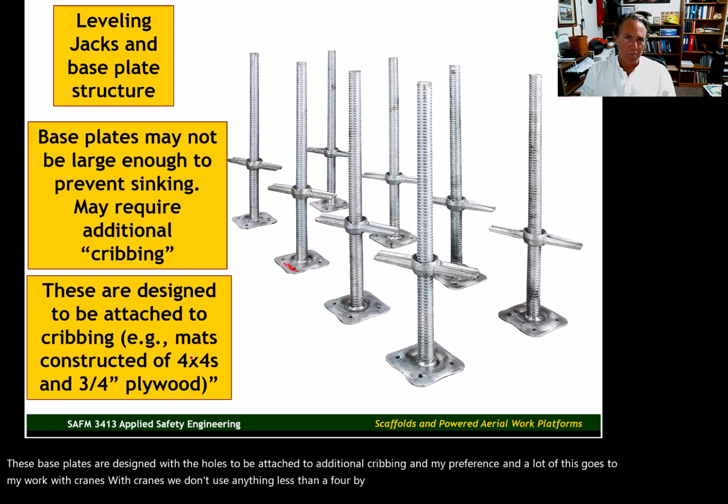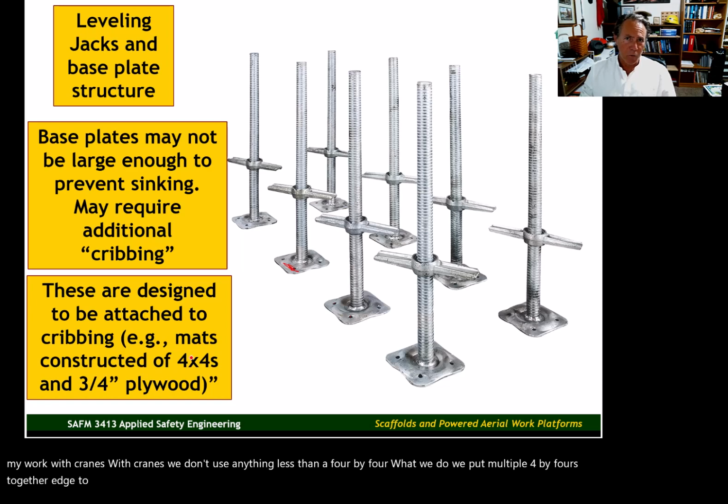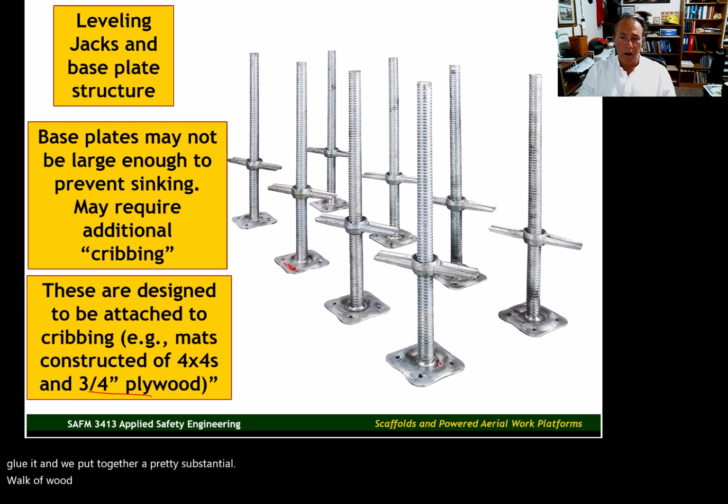What we do, we put multiple 4x4s together edge to edge, then we sandwich those 4x4s between two sheets of 3/4 inch plywood. We screw it and glue it, and we put together a pretty substantial block of wood that would go underneath this base plate, and that's going to help prevent our legs from sinking into soft soil.